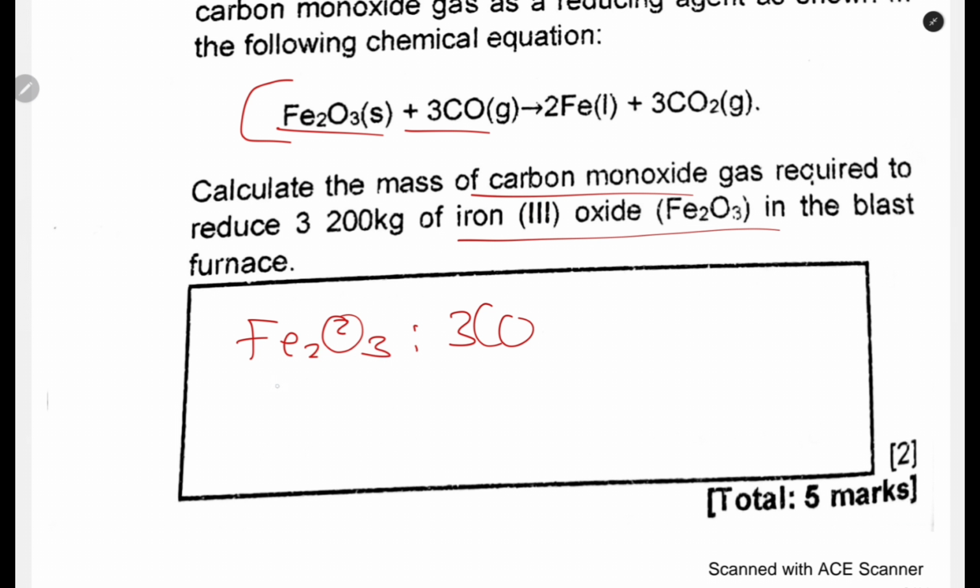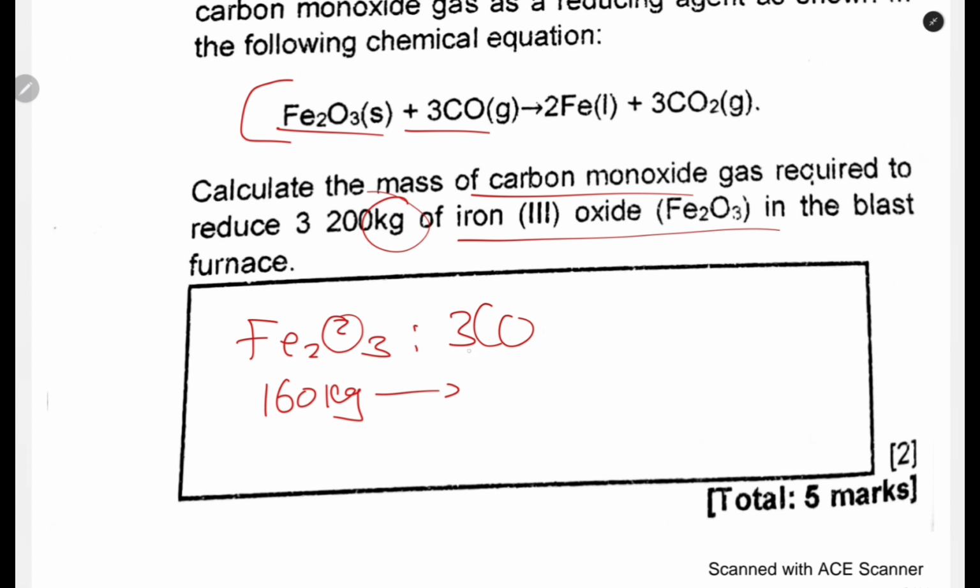Here we are going to use mass to mass. We find the relative molar mass, then treat it as mass using the units given, which are kg. What is the relative formula mass of iron(III) oxide? If you add everything, you find 160 kg.